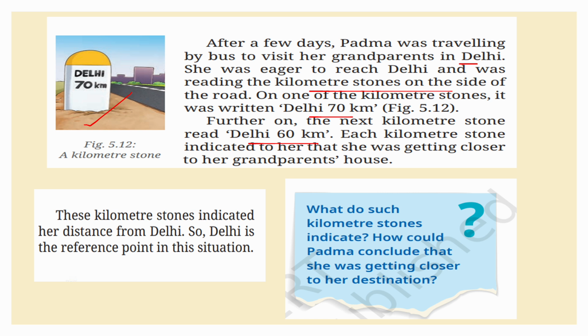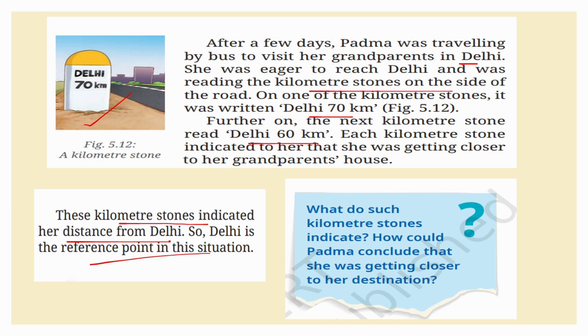These kilometer stones indicated her distance from Delhi. So here Delhi is the reference point. Kilometer stones are markers placed along roads at regular intervals to indicate the distance from a specific point.